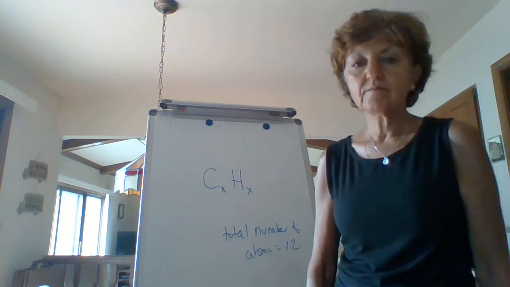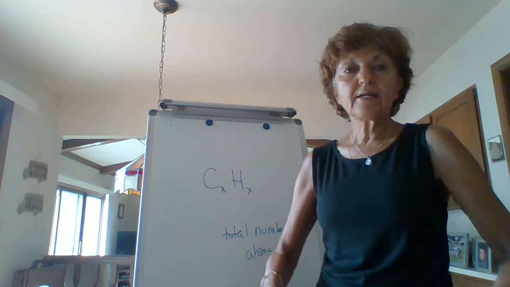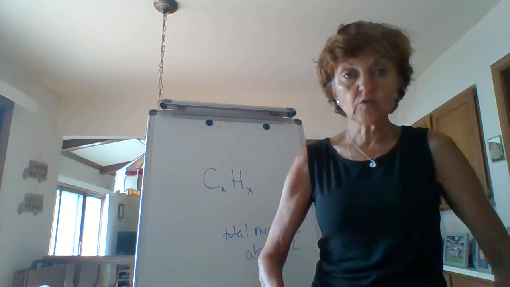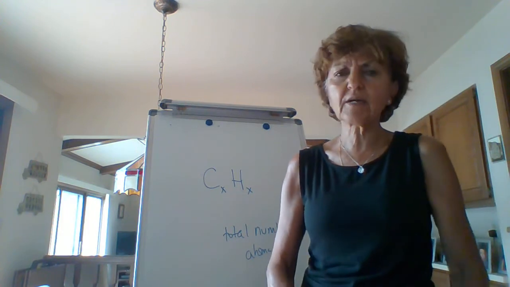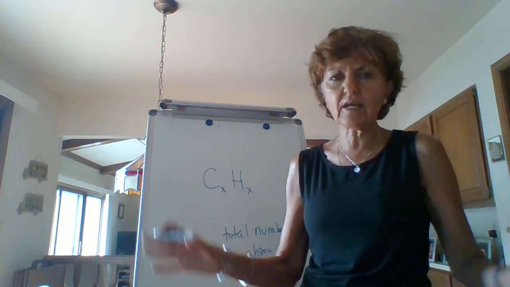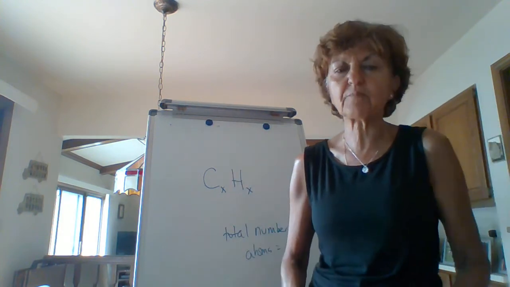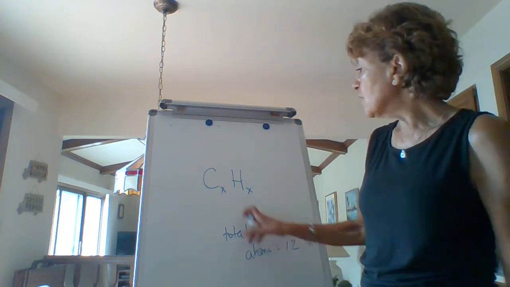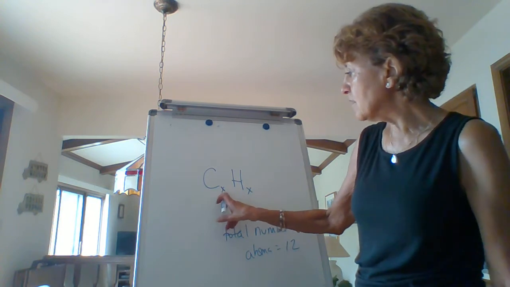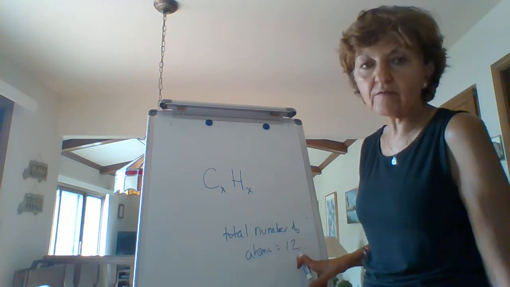And I ask you, what is X? What is this unknown? This is just like basic algebra, guys. Don't get all freaked out. We're not doing any calculus or anything crazy in this chapter. Just really, really basic math. So you need to figure out this and this have to equal 12.